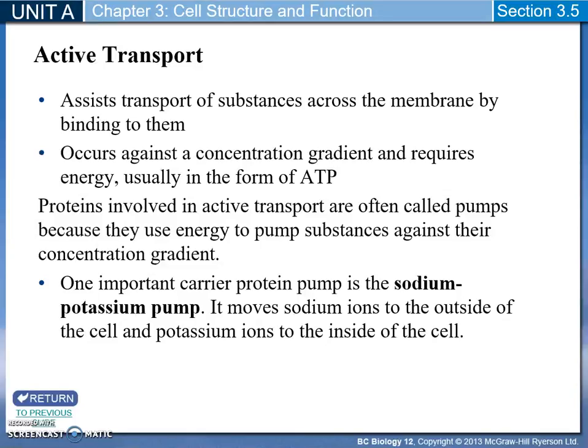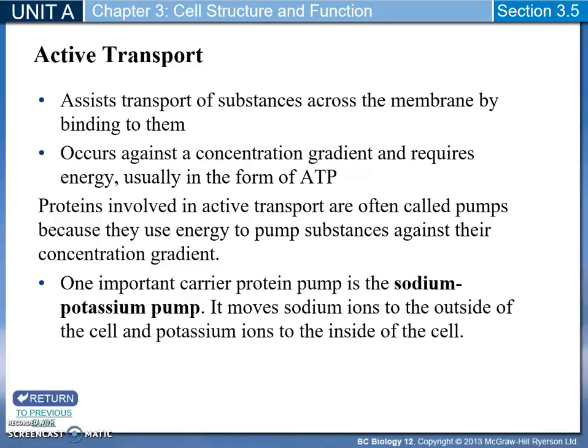Proteins involved in active transport are often called pumps because they use energy to pump substances against their concentration gradient. And one of the very important carrier proteins here is associated with the sodium-potassium pump. It moves sodium ions to the outside of the cell and potassium ions to the inside of the cell.